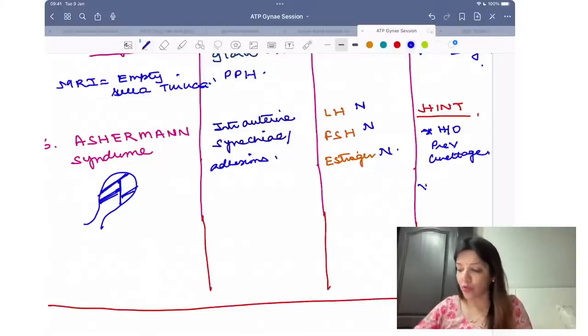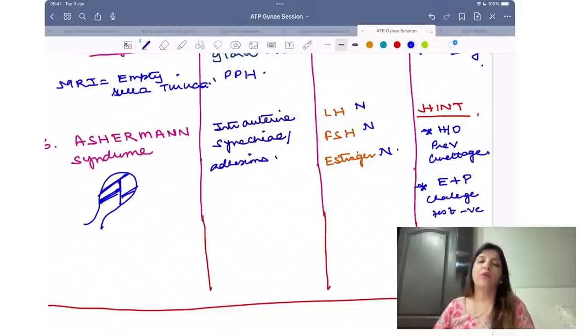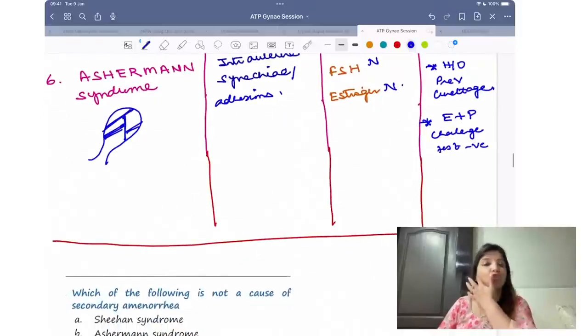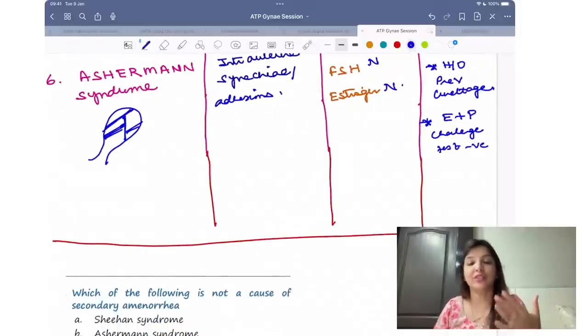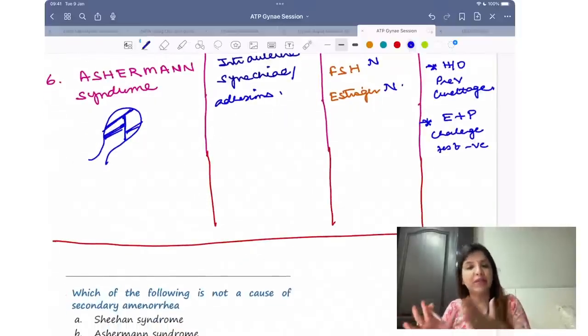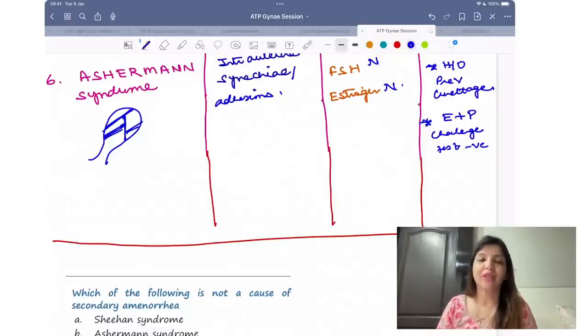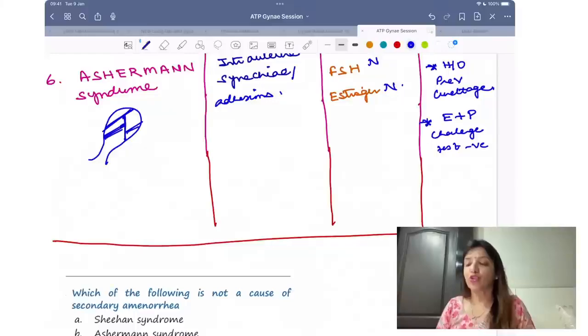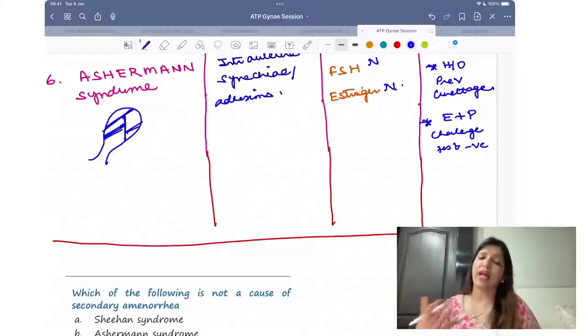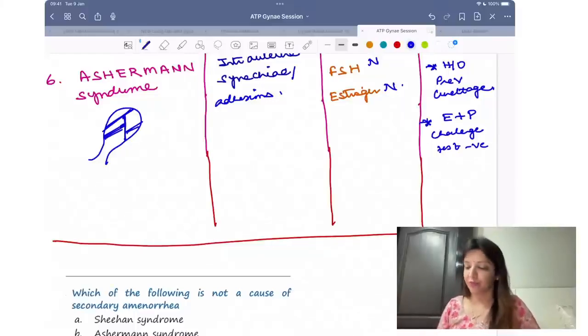Or your question can say estrogen plus progesterone challenge test negative. Whenever the question says estrogen and progesterone challenge test negative, it means they are talking about Asherman syndrome. This is how you differentiate between progesterone test negative and estrogen and progesterone challenge test negative.